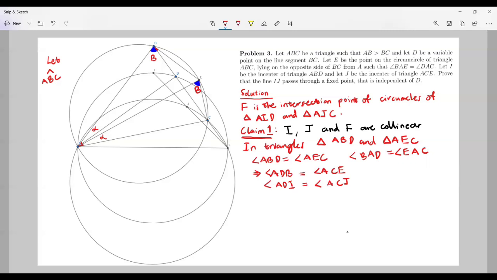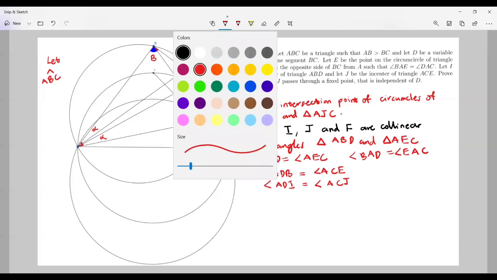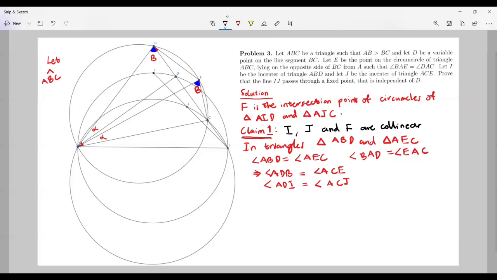Okay, so now let's look at ADI. Let me just draw a line using black. We have this angle here, which is equal to this angle.